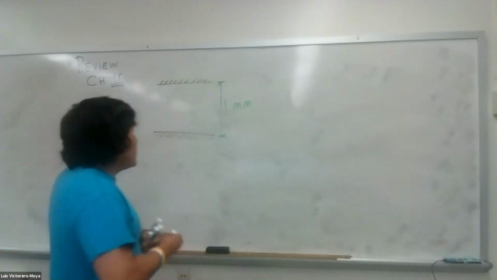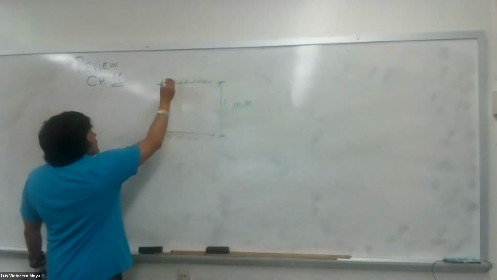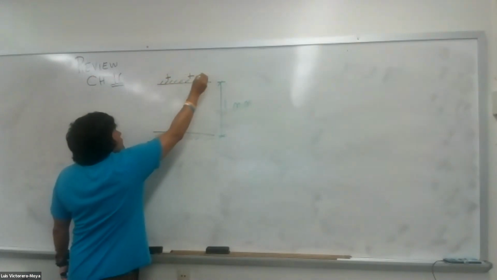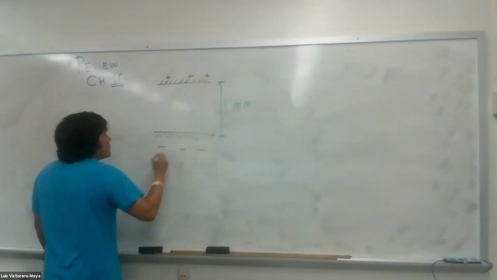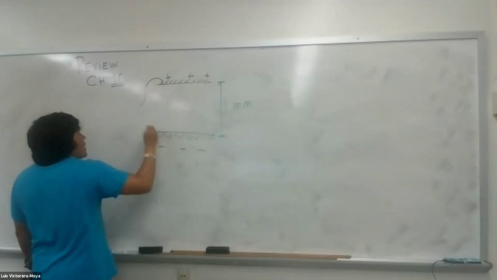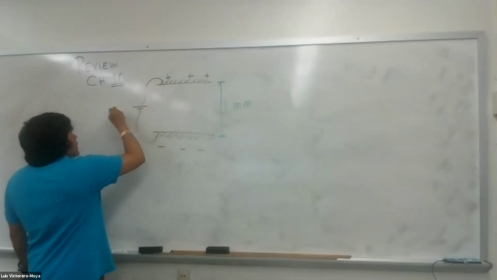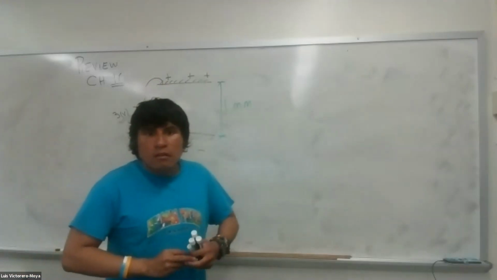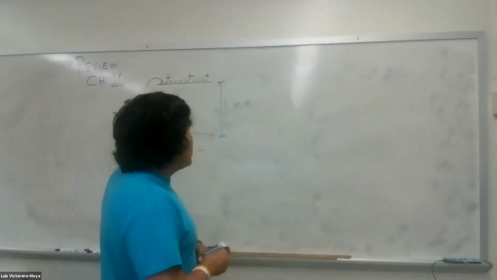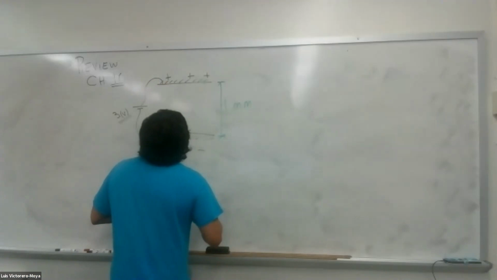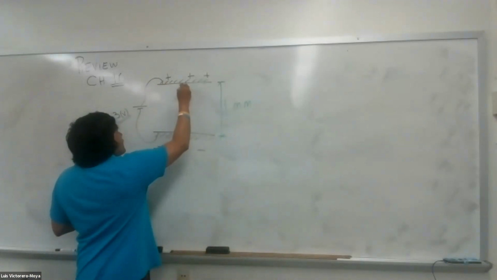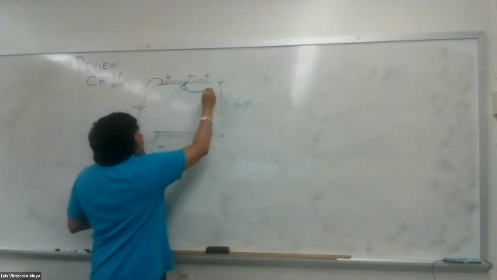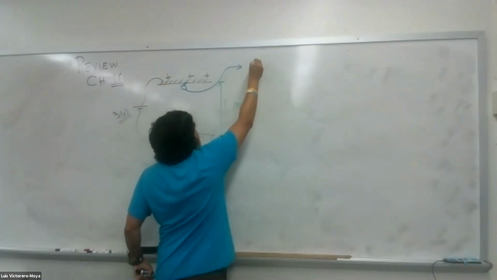They give you the potential between the plates. So let's say this is positive and this is negative. So the potential between the plates is 3 volts. What's the magnitude of the sigma? All right. So they're asking you for the surface charge density.